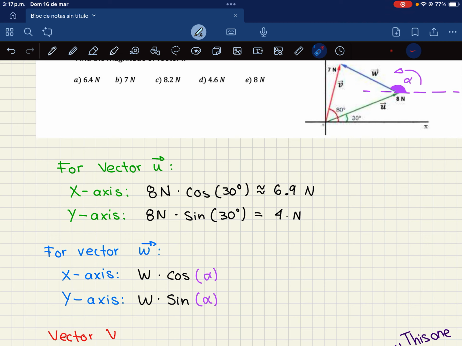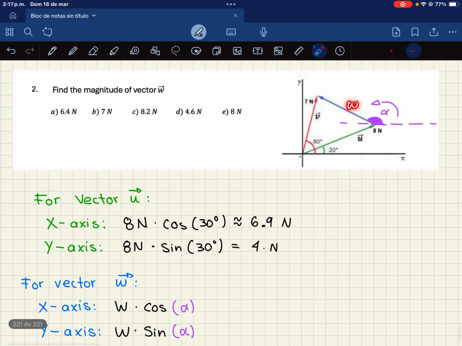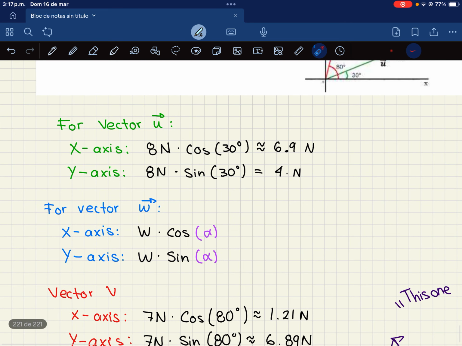For vector W, we don't know its exact magnitude or angle, so we simply denote them as W and alpha. So we have x-axis: W times cosine of alpha, and y-axis: W times sine of alpha.